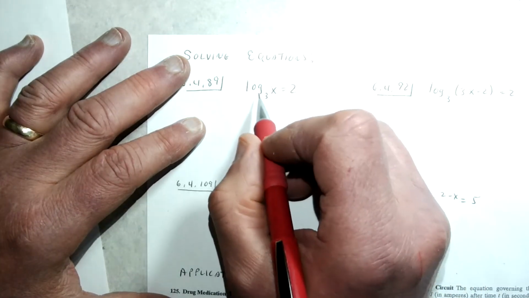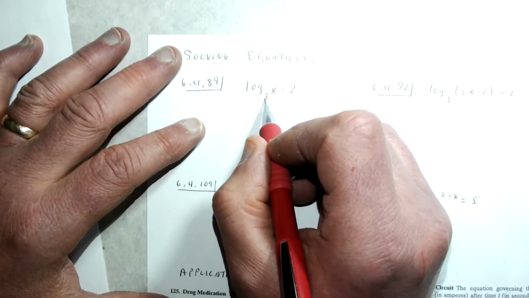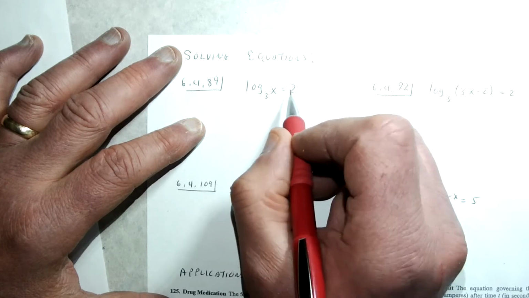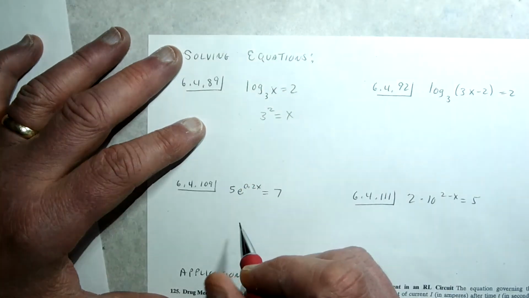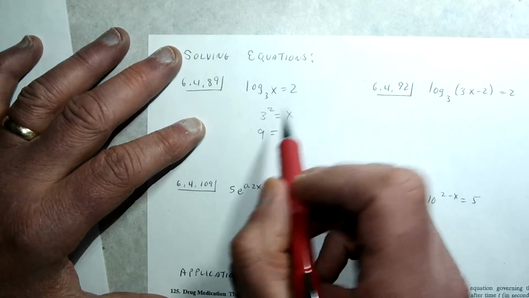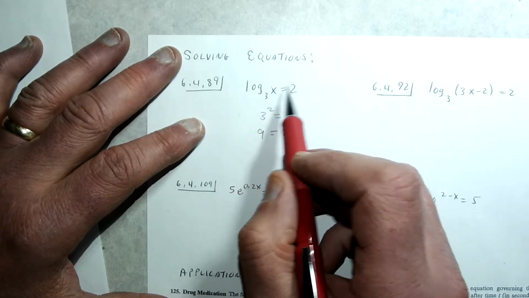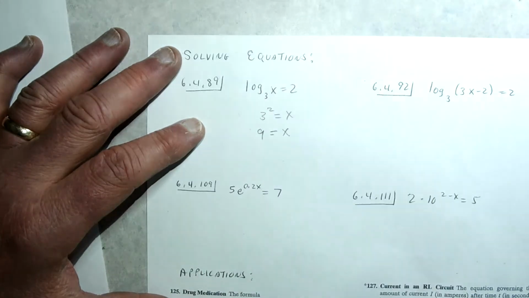On a base of 3, I'm really saying that 3, and remember the output to a log is always a power, so 3 to the second power is equal to x. I converted to an exponential, and x would be 9. But on a practical level, it makes sense that the log base 3 of 9 is 2, because 3 to the second power would give me 9, right?